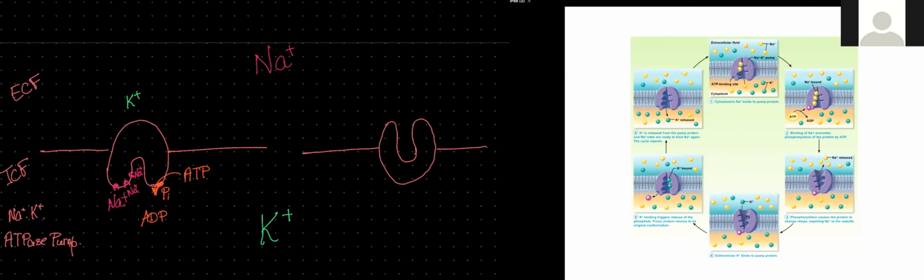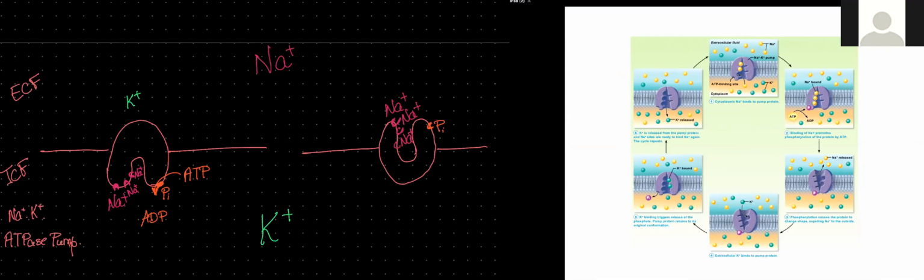So where is the sodium now? If you see, the sodium is still attached, but now the sodium did move from inside to the outside. And this is a phosphate.